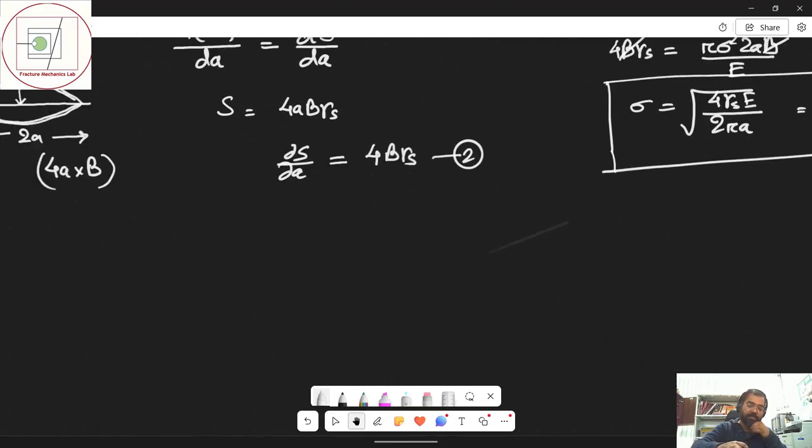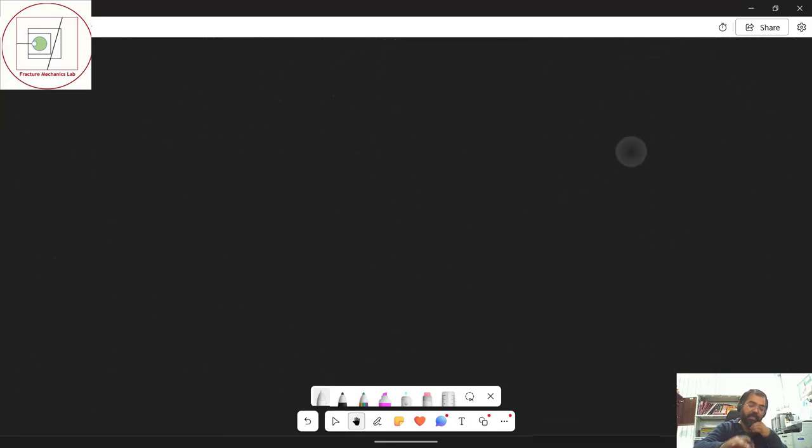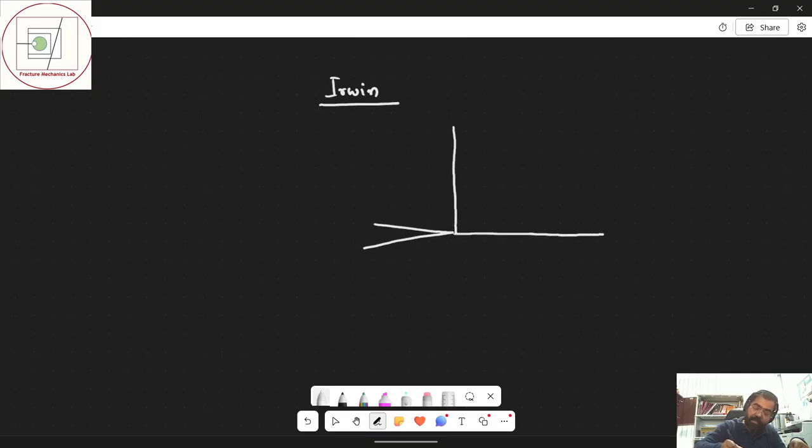Fine. So this is Griffith, and then comes Irwin, and we will derive Irwin's formulation in detail. But let me just give you the results first. Irwin derives everything for a sharp crack, and at the tip of the crack is the origin of the coordinate system, and this is the distance from the crack tip.